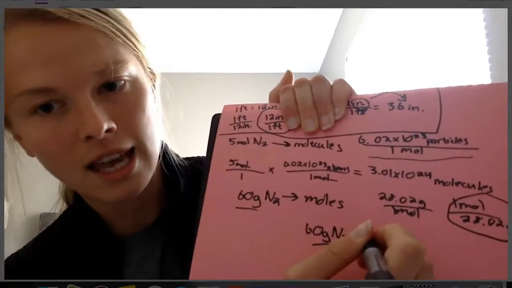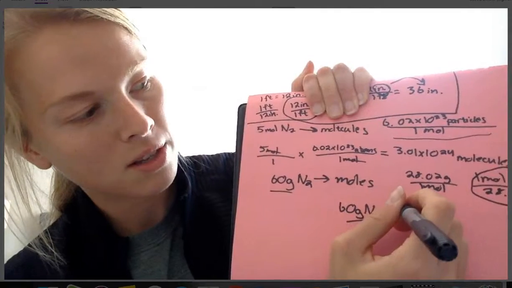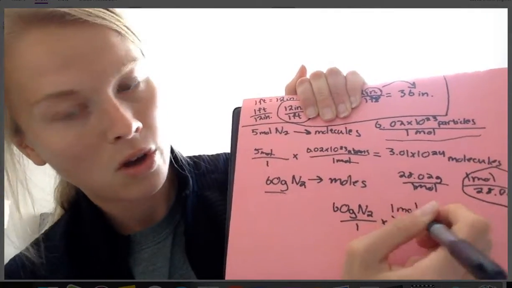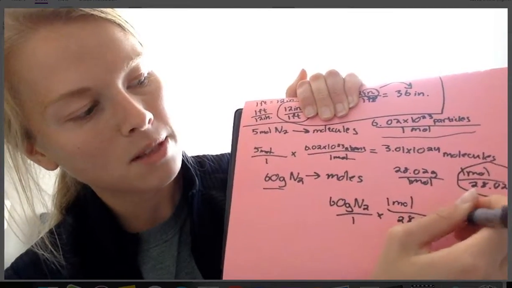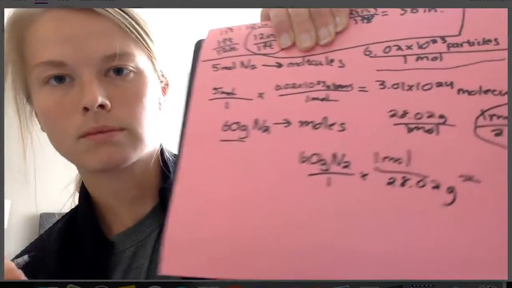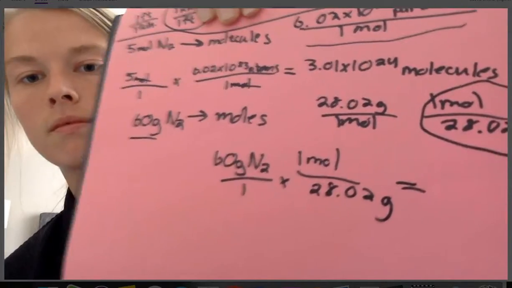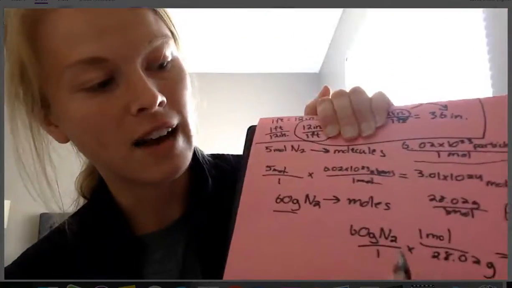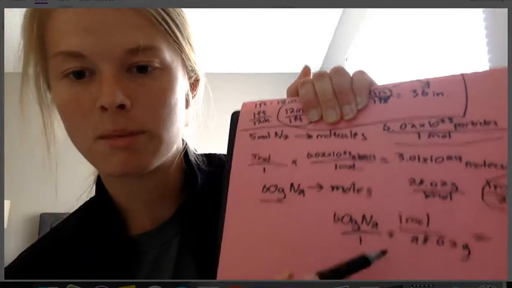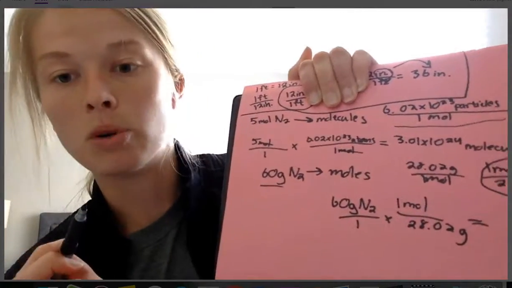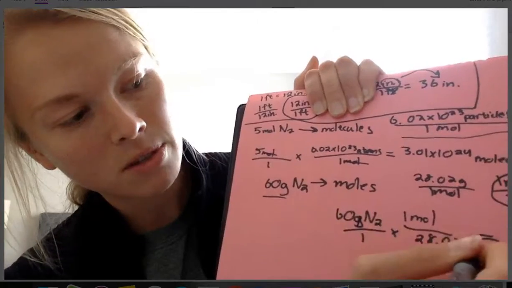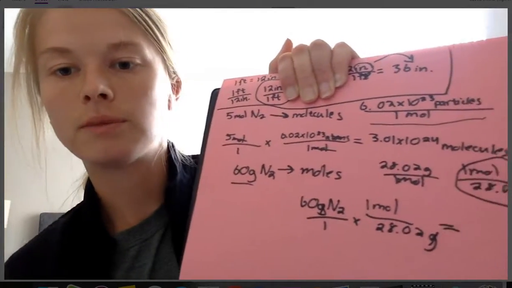So I'm going to take this times 1 mole over 28.02 grams. And when I divide this out, I should be able to figure out how many moles I have because these grams will cancel each other out.